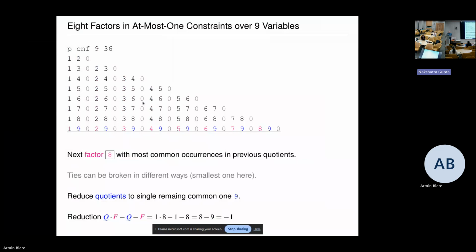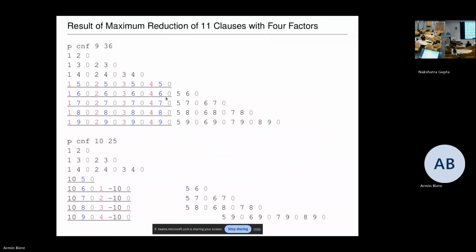All right, so what you missed, I don't know how long this went on, is that we went through this at most one constraint for 9, which is in Sudoku. And now we knew that this was the best reduction, right?